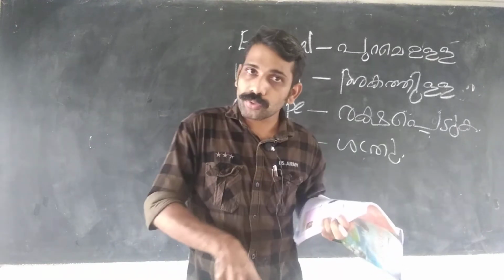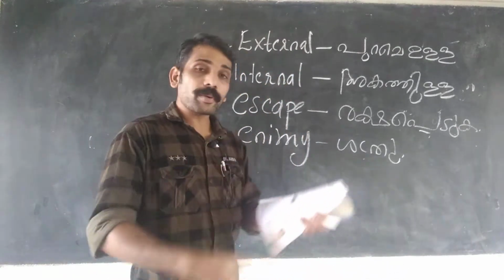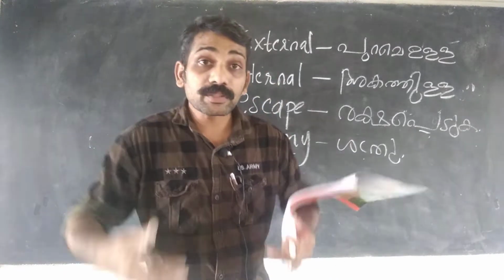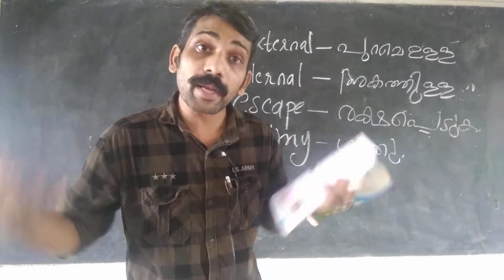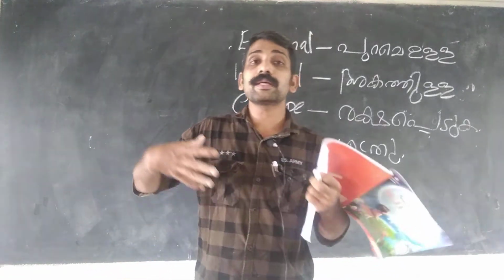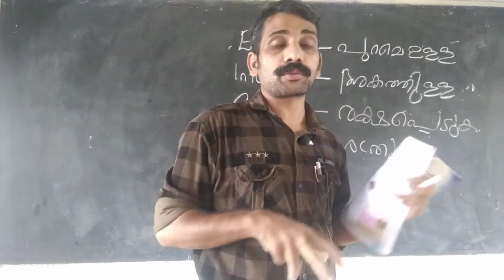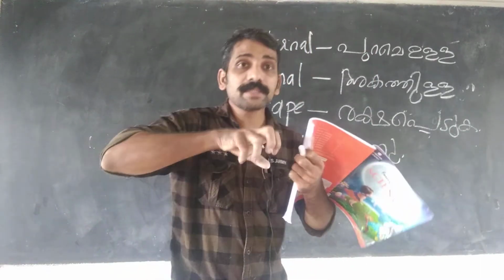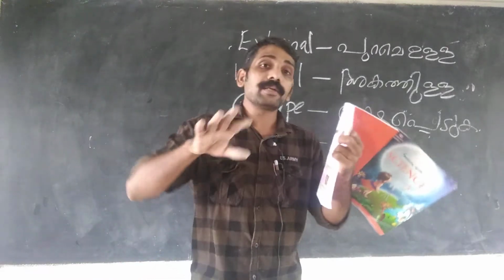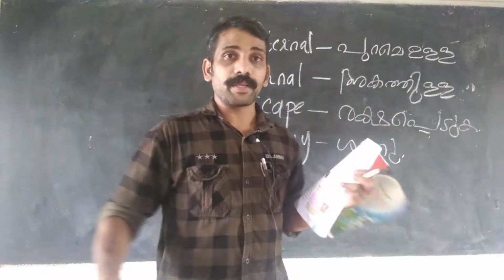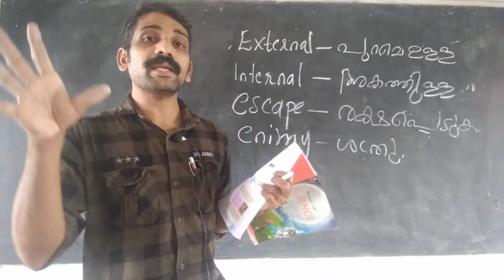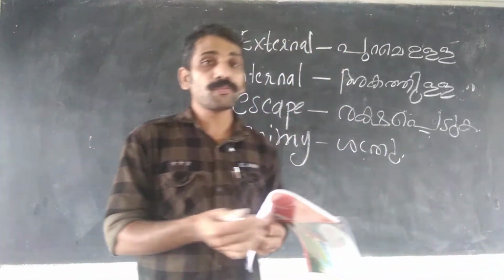This is a movement, and this food is absorbed by the blood and passed to different body parts. So this is called internal movement, agathulla movement. The food particles are moved throughout the body through blood. This is an example of internal movement.